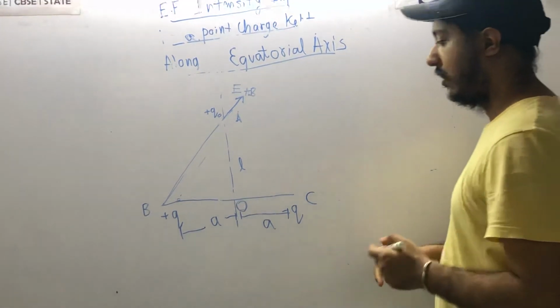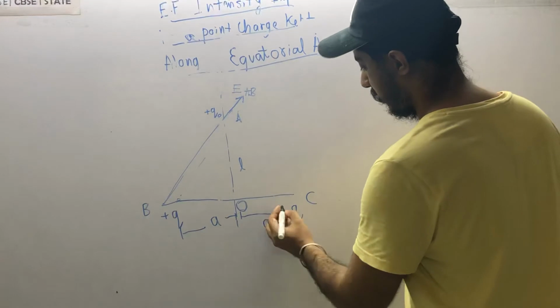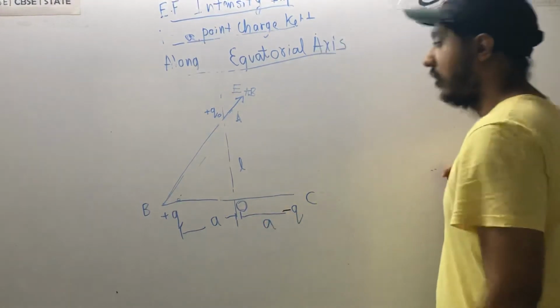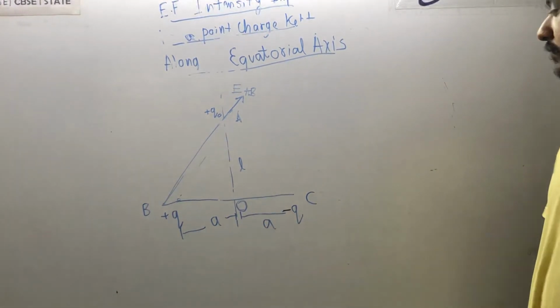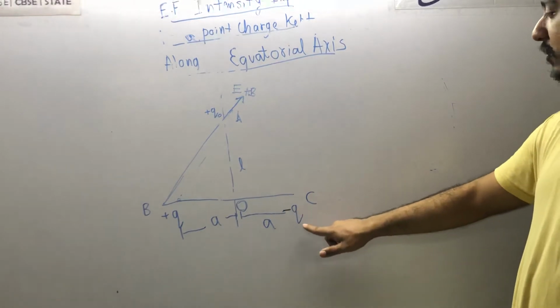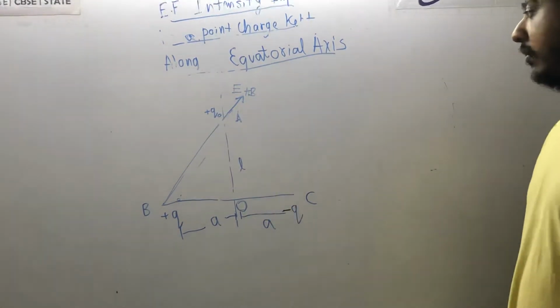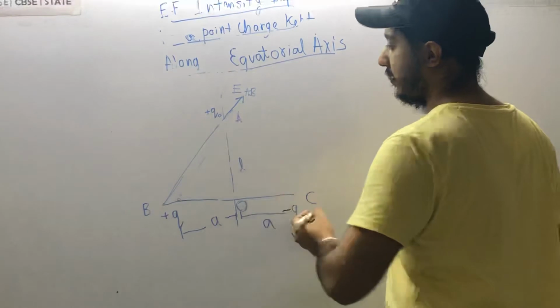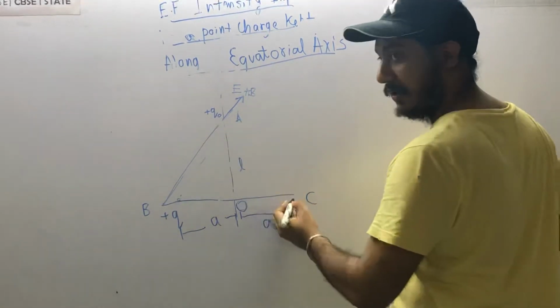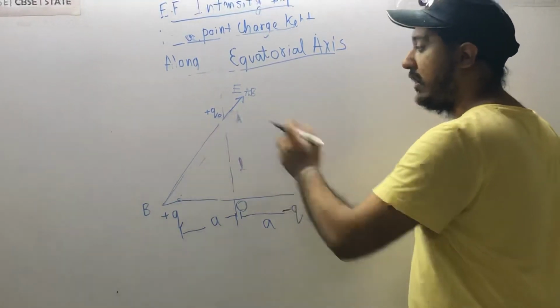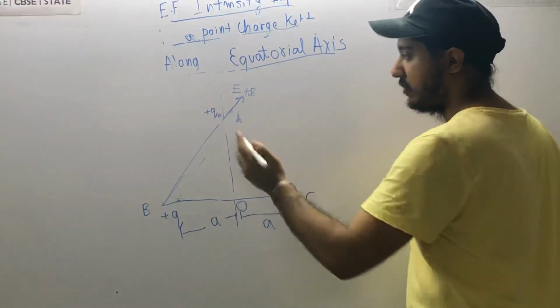Now let us look at C. This was the plus charge and this is minus. So what effect will this minus Q have on this plus Q naught? It will attract this charge towards itself because this is negative. So the field due to this charge will attract this plus Q naught.